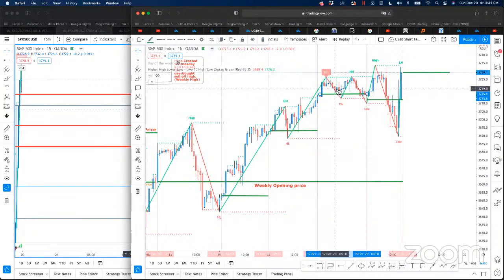It pushed down in New York. New York rejected. It pushes down during the New York session to the daily open, and then pushes up and then rejected the high. So this would have been a little choppy day. You could have got a couple of trades out of this, but it was really, really choppy that day. I didn't even trade that. I don't think we traded that day. And if we did, I think we took it from the top, and that was it.